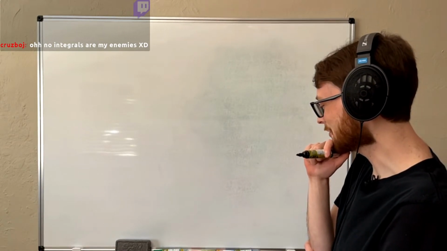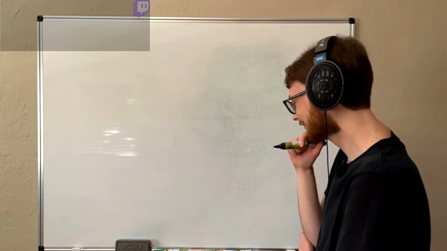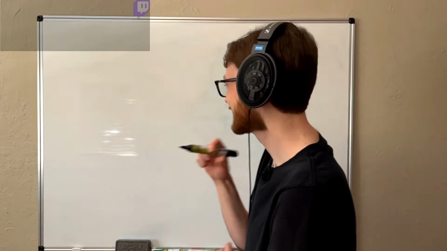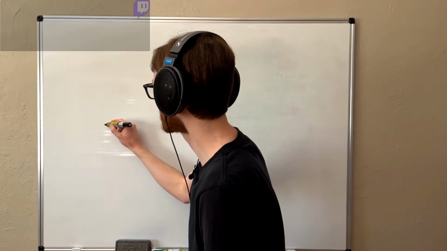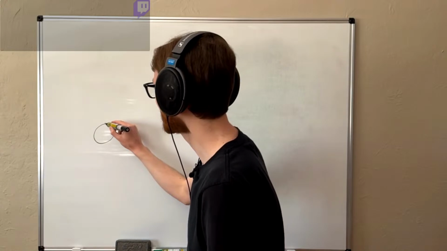I want to add some color to this drawing, but I don't know how. Because you used to have black hair. All right, fine. We're just going for it. Integrals are your enemies. They can be pretty tricky.